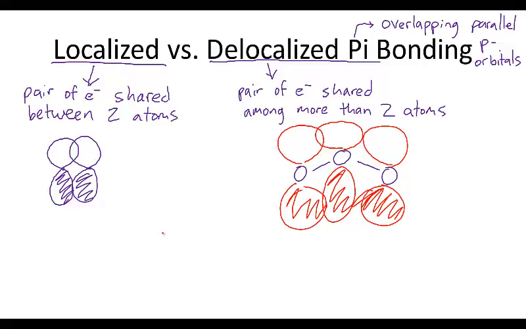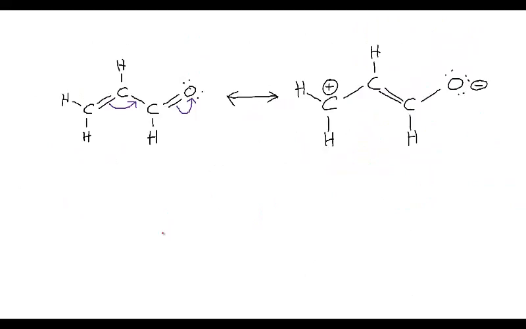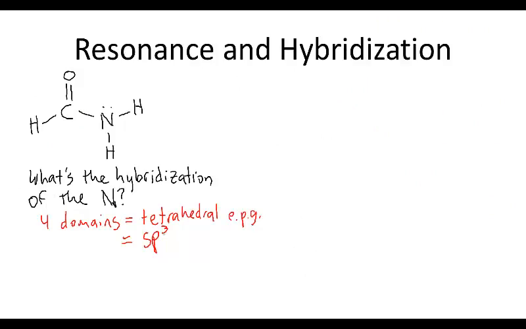And in order to make pi bonds, an atom has to have unhybridized p orbitals. A pi bond is made by unhybridized p orbitals overlapping with each other. So, those of you who know about hybridization, if an atom is sp3 hybridized, how many leftover p orbitals are there?